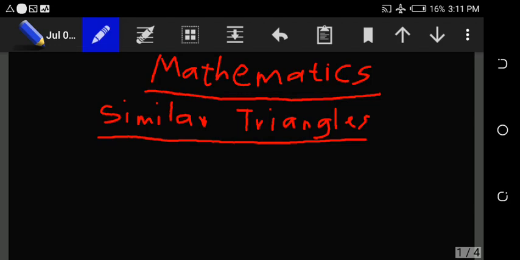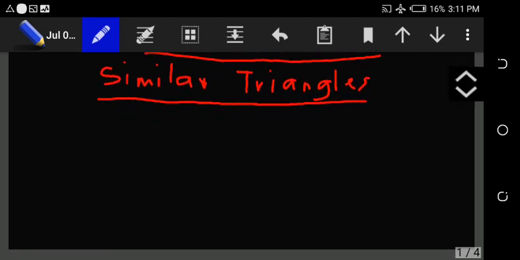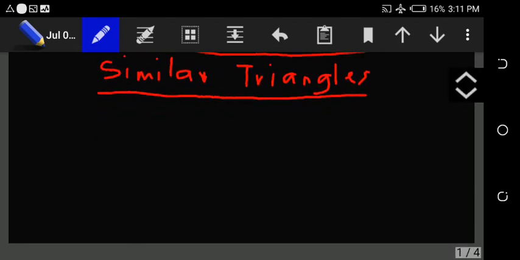Now, the first case, the first proof for similarity of triangles, is what we know as AAA, standing for angle, angle, angle.